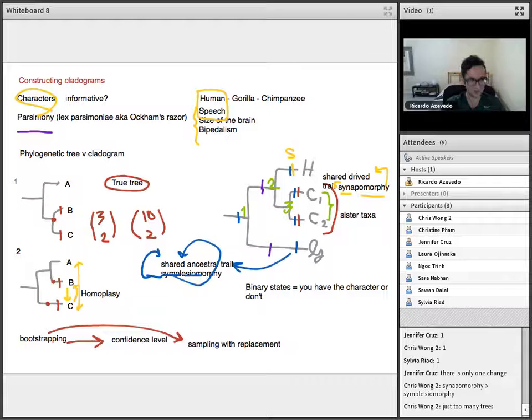So bootstrapping, and that's very interesting because usually you don't have a million data points to use in order to get some real tree. And the problem is how confident are you that your tree is the best tree or the most probable tree? So the level of confidence, and bootstrapping is a way. Bootstrapping is not actually some method that is limited to taxonomy.